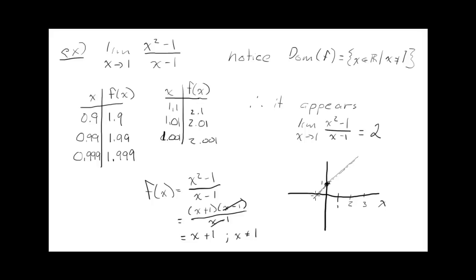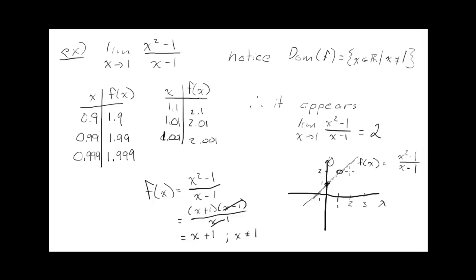There's a hole right here, an open hole, at the point where y is 2. This is the line f of x equals x squared minus 1 over x minus 1. So we figured out where that hole is.